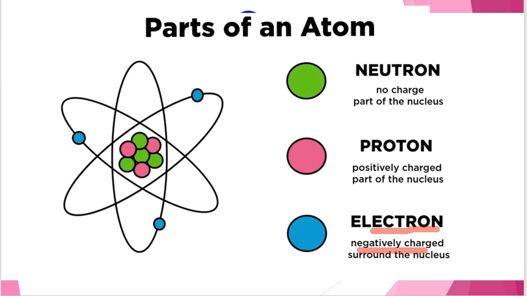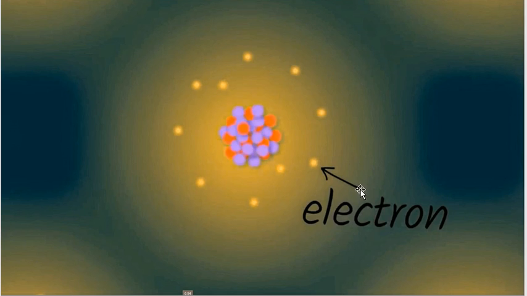Remember that. You can write it down: the electrons can move from one atom to the other and hence energy is created. I hope you are able to understand. As I just told you, you have to focus on the word electron as of now.